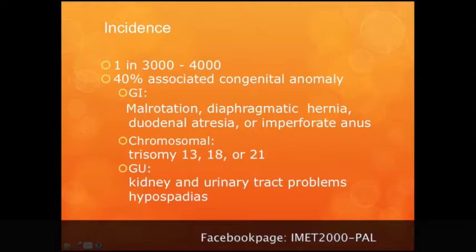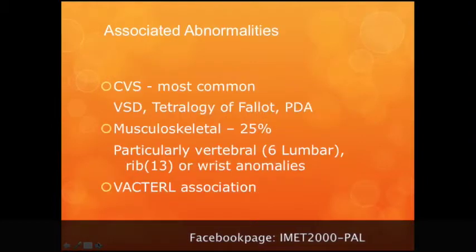There is an association with chromosomal abnormalities. They can get kidney and urinary tract problems. Most commonly, they get cardiac abnormalities: VSD, ASD, tetralogy of Fallot, PDA. They can get musculoskeletal problems, so limb deformities and vertebral deformities.